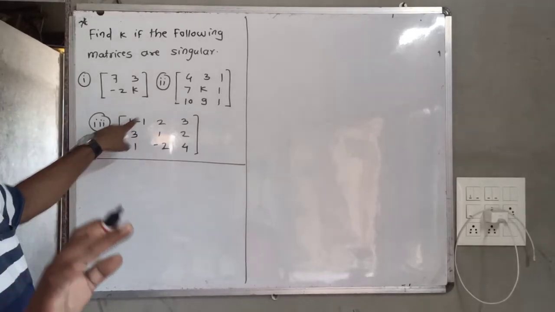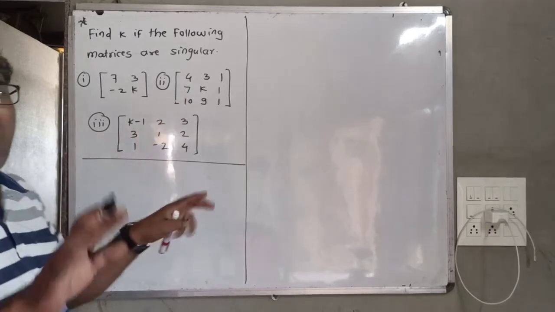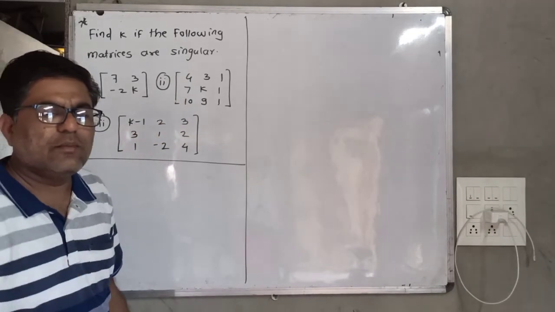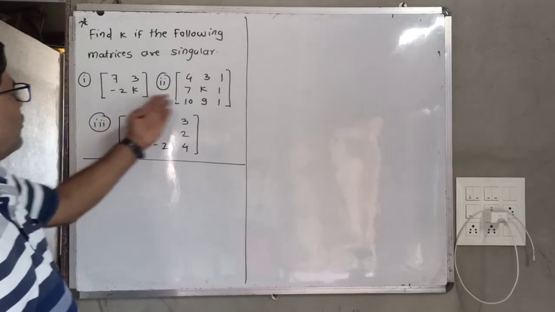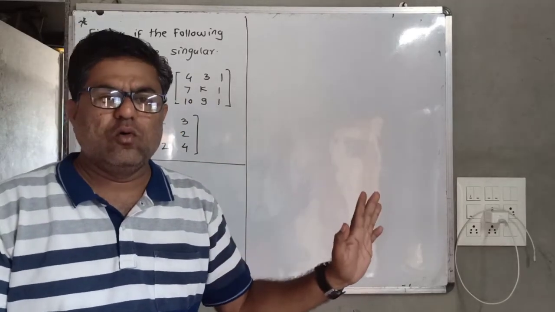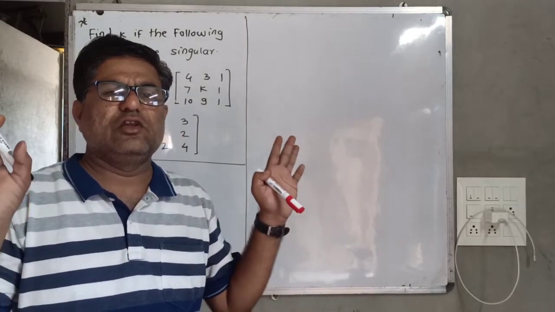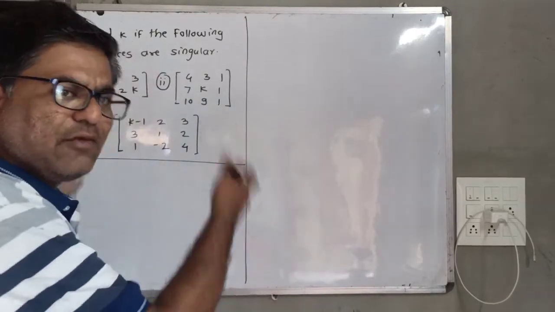And what is the condition of these 3 matrices? That these 3 matrices are singular matrices. Singular matrix means the determinant of this particular matrix is 0, as they have given us.